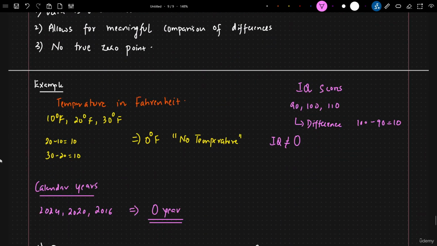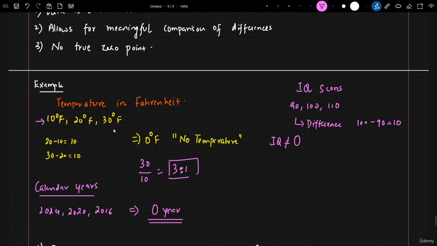In interval scale, see, if I have temperature like 10, 20, 30, when I try to calculate the ratio of 30 to 10, this is also 3:1. But do you think this will be a proper value to say? Because at one point of time, if I say right now the temperature is 10 degree Fahrenheit, and then 30 degree Fahrenheit, I'll not say that the temperature is 3 times hotter or 3 times colder.